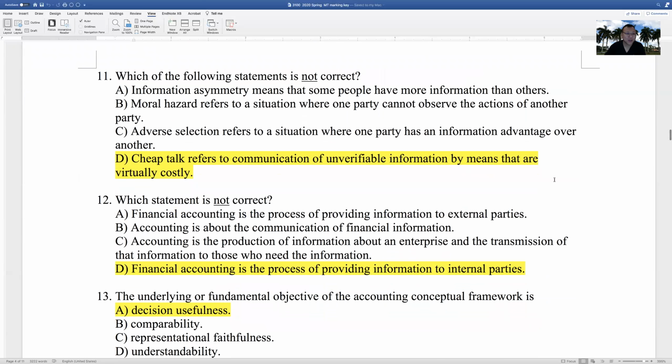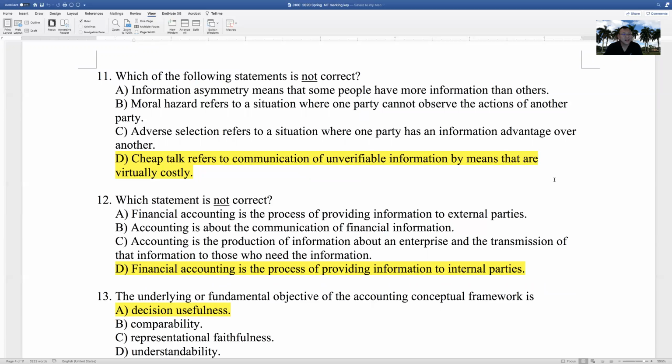Question 11, which of the following statements is not correct? Information asymmetry means someone has more information than others. That's correct. Moral hazard refers to a situation where one party cannot observe the actions of another party. That's right. Adverse selection refers to a situation where one party has an information advantage over another. That's correct.